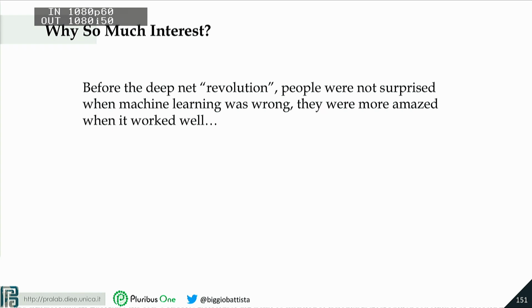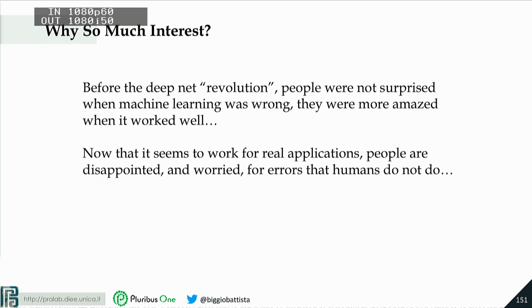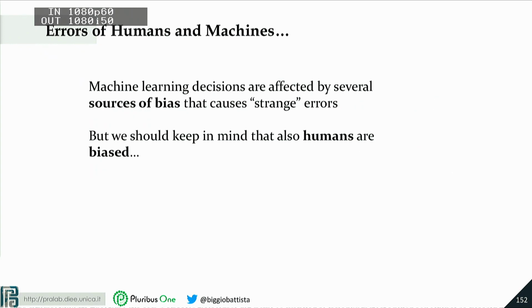So showing that these algorithms were broken was not that interesting to the community. But now if you see that something has more or less superhuman performance, as they claim, at least on some tasks, and then you show that it fails very easily on simple problems, then it becomes much more interesting. So that's why there is this huge focus nowadays.